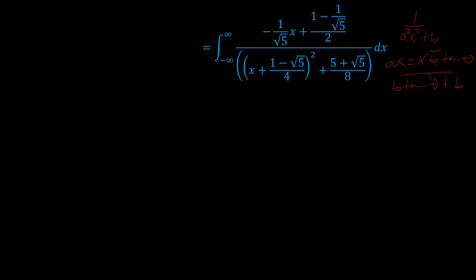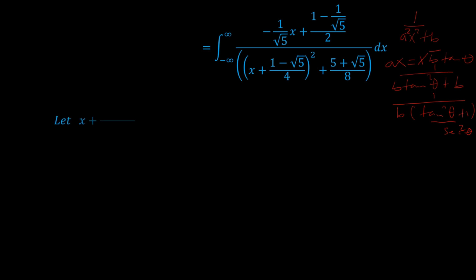Then you can pull b out of the denominator and you have tan squared theta plus 1, and so this becomes sec squared theta. Since we have a dx there, you're able to cancel that out.